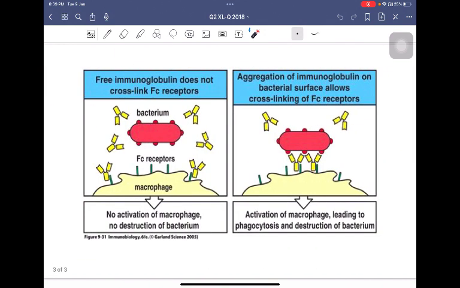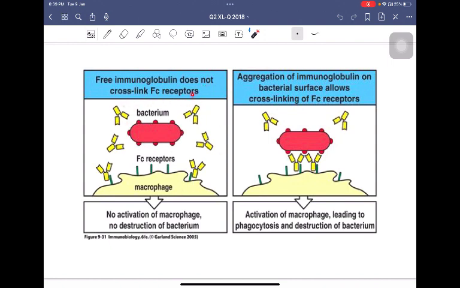So what is opsonization? Opsonization is nothing but cross-linking of the Fc receptors. Basically, antibodies coat the surface of any pathogen. When the free immunoglobulin is there, it cannot cross-link the Fc receptors.